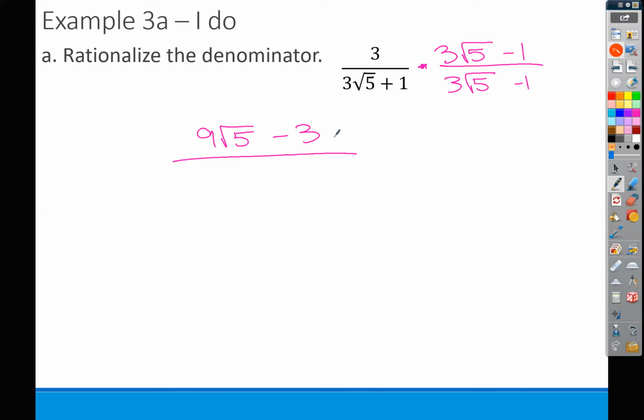Now remember, when you're multiplying conjugates, you only have to multiply the first stuff and the last stuff because the middle terms will go away. So 3 square root of 5 times 3 square root of 5 would be 9 square root of 25. And then 1 times negative 1 is negative 1.